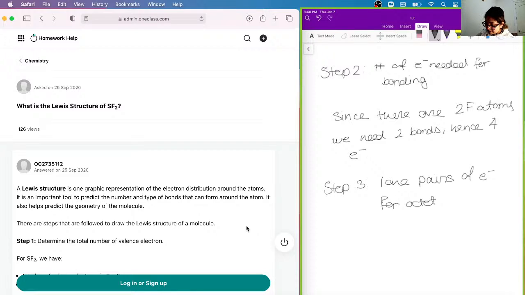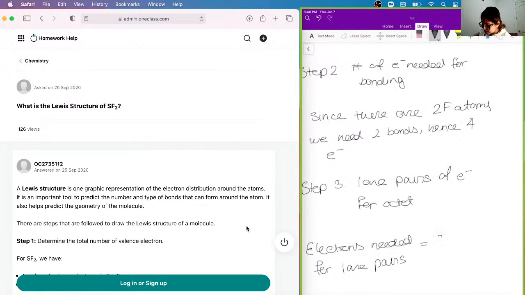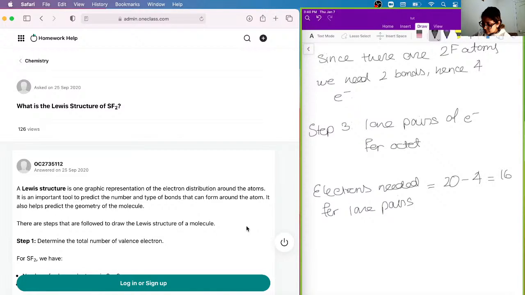To calculate the electrons needed for lone pairs, this would be the total number of electrons that we have, which is 20, minus the bonding electrons, which is 4, and you have 16. And so the total number of lone pairs, you would have 8, right?